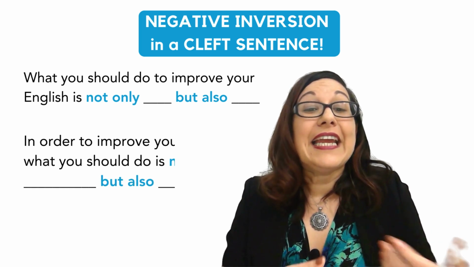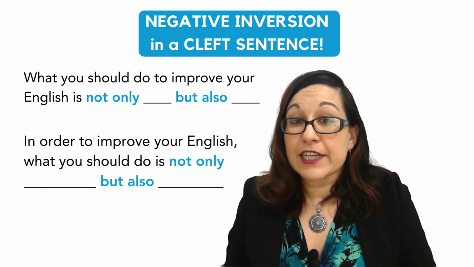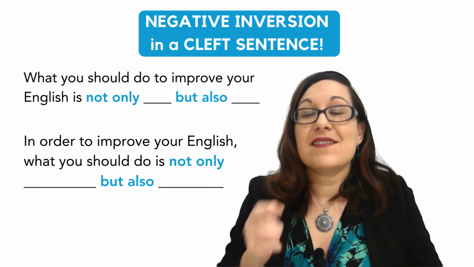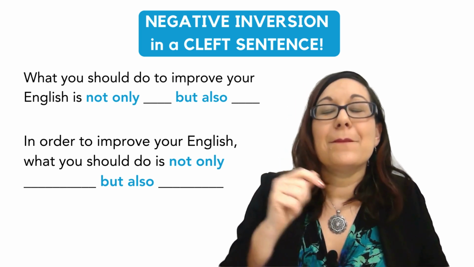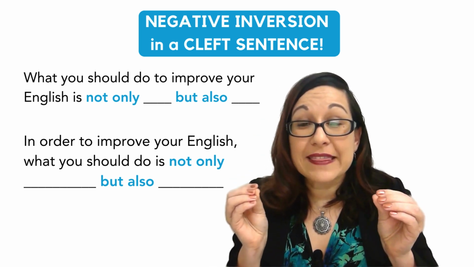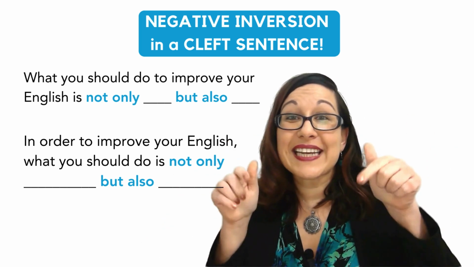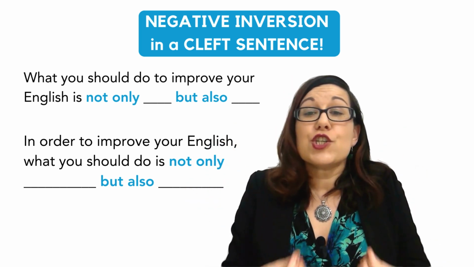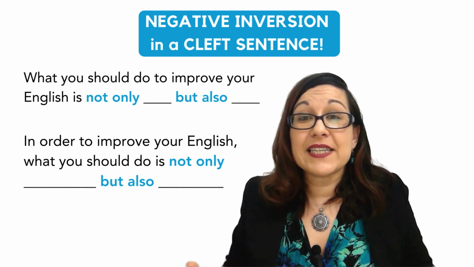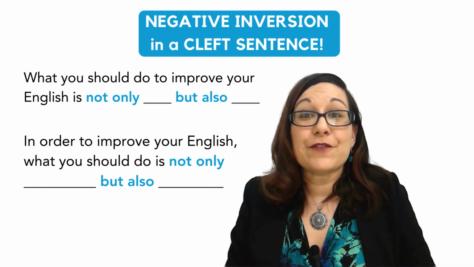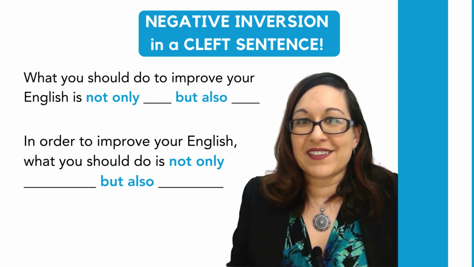Or in order to improve your English, what you should do is not only, but also. So it's still got that cleft in there, but I'm now hiding it in another part of the sentence. So this is just showing you all the variety that you can have. You're saying the same thing, but there are many different ways of structuring your sentence.